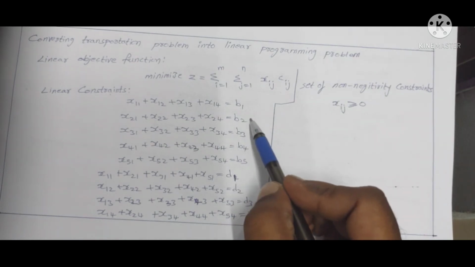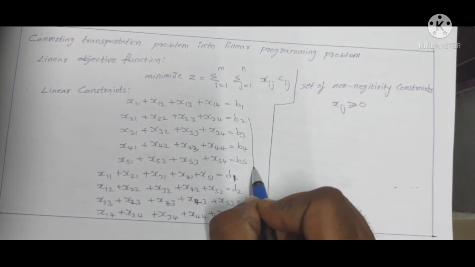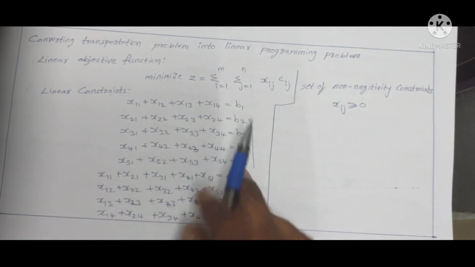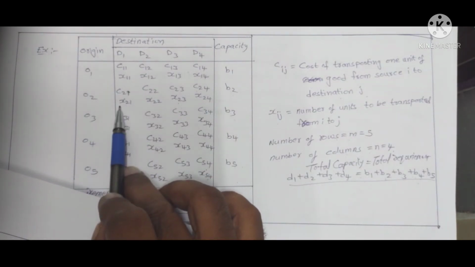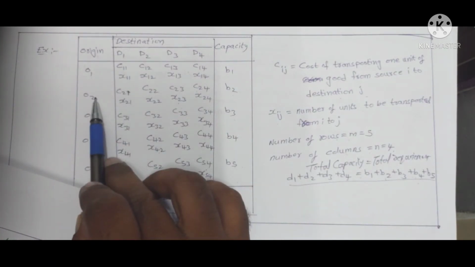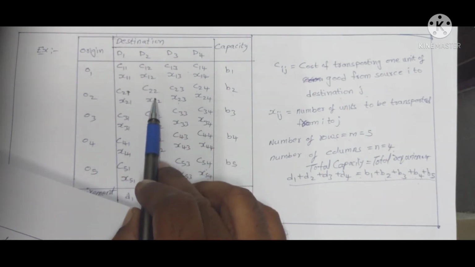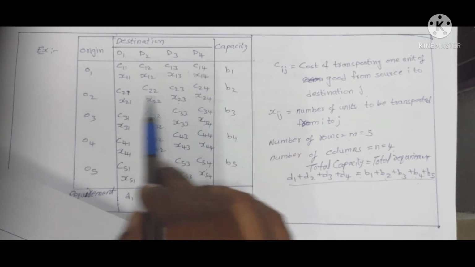Similarly, we can frame the remaining 4 equations here. So x21 plus x22 plus x23 plus x24 is equal to B2 from the same table. Origin O2 transports goods to D1, x21, to D2, x22, to D3, x23, and to D4, x24.